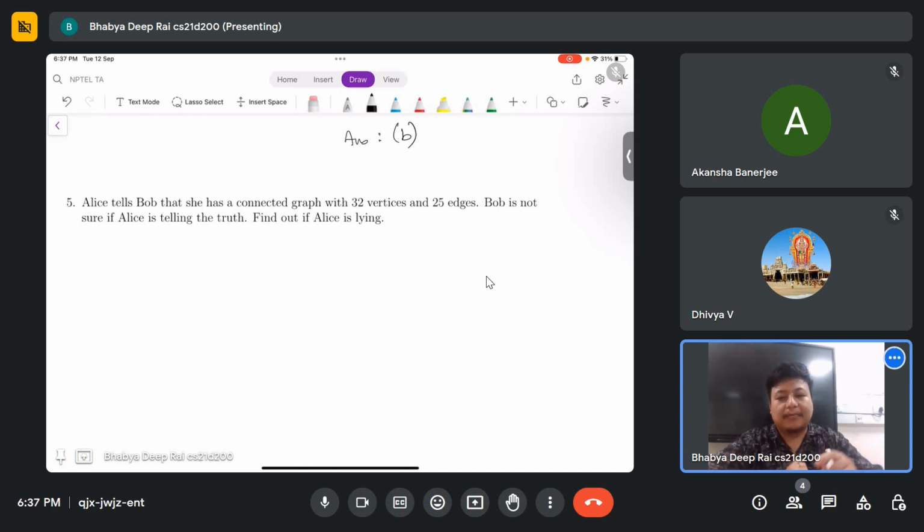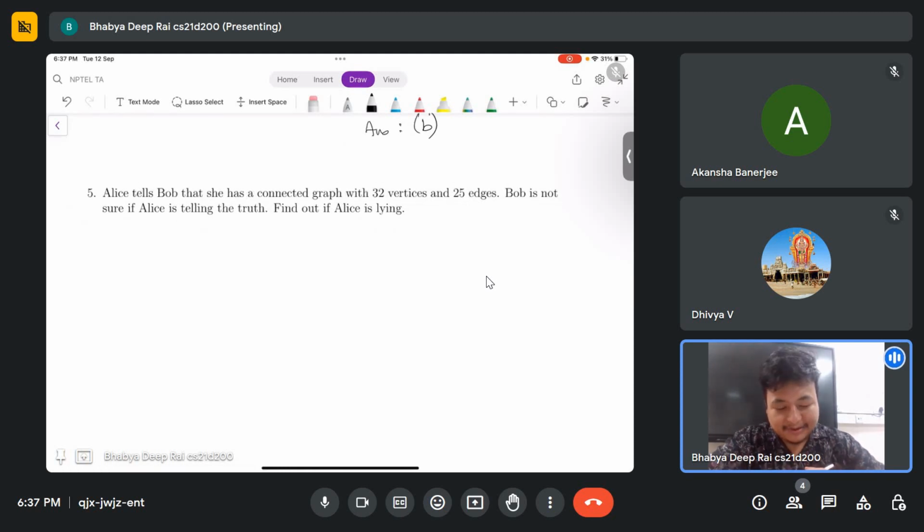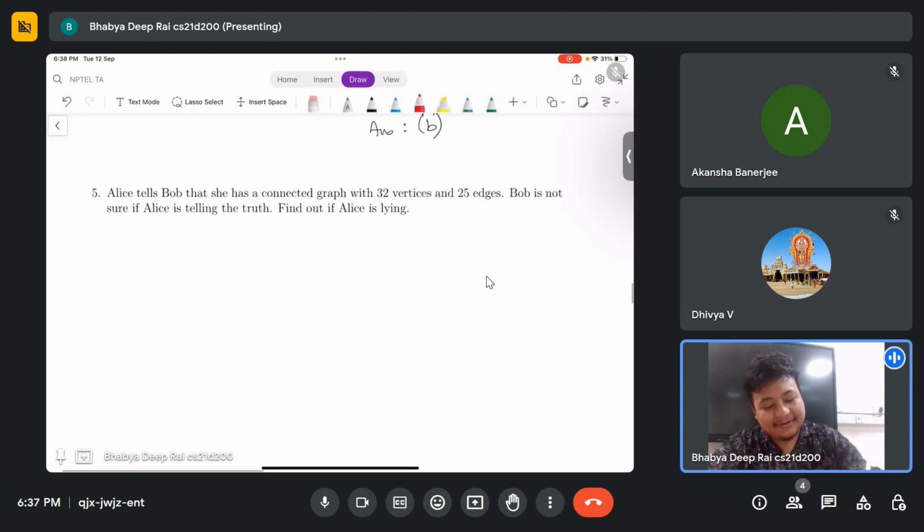Yes, it is true that she's lying. The key point in this question is that the graph is connected. If this word was not mentioned, then we could not say whether Alice is lying or telling the truth. But the key thing here is connected.